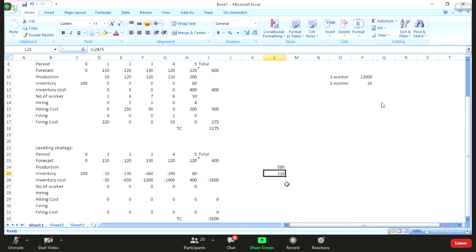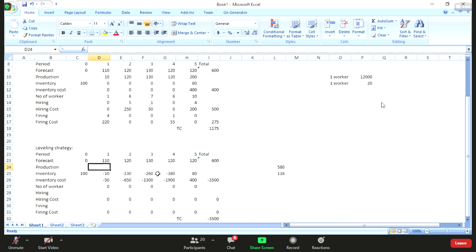Before we continue, please make sure you understand this. Our production quantity is 116 per period. We make it constant because we implement the leveling strategy. From where? From the total requirements divided by 5. Why 5? Because there are 5 periods.